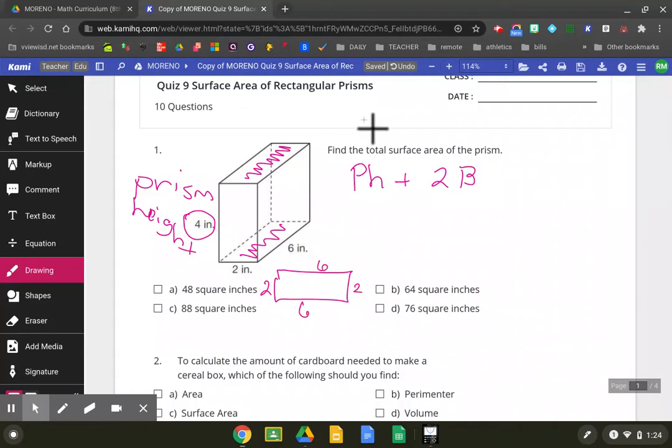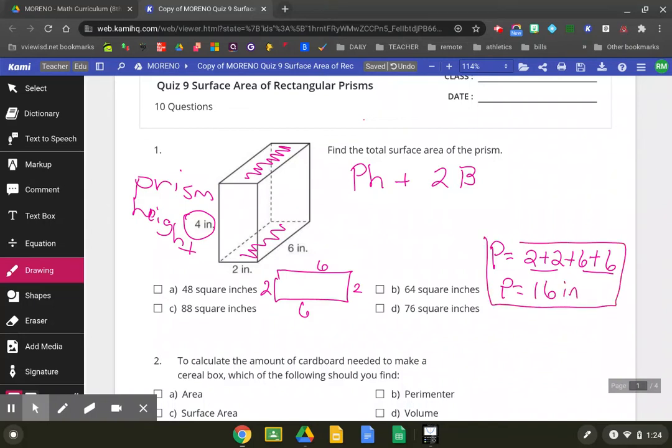Then to the side, find the perimeter of the base where we add: 2 plus 2 plus 6 plus 6. That gives 16 inches. So there's your big P. Big B is multiplying the base and the height, so 2 times 6, which is 12.